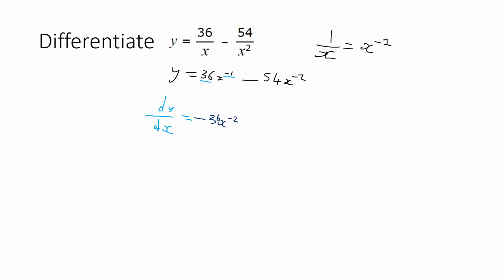Because remember, we have to minus the power by 1 each time. And then we're going to do the same thing for the other side. So this one is going to be minus 2 times minus 54. That's just going to be plus 108x to the minus 3, because each time we have to minus the power. And that is our final answer.